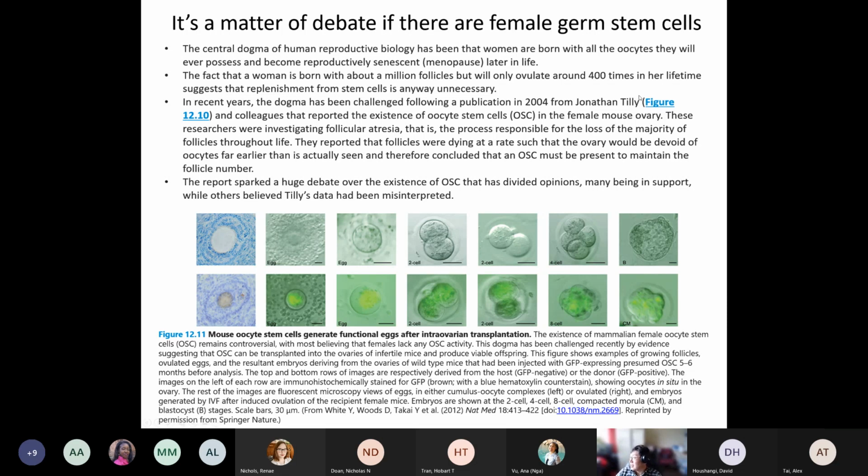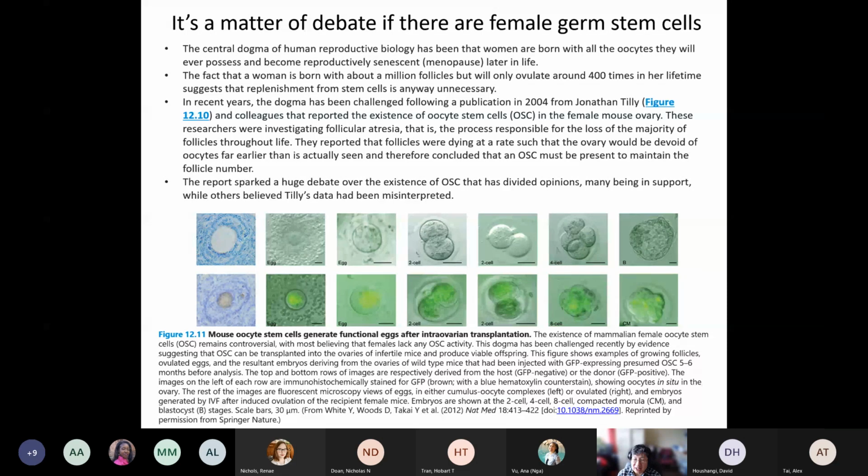But this scientist, Jonathan Tilley, in 2004, had an important publication. Basically, his group was trying to study follicular atresia. That's the process involved in the loss of the majority of follicles throughout life.